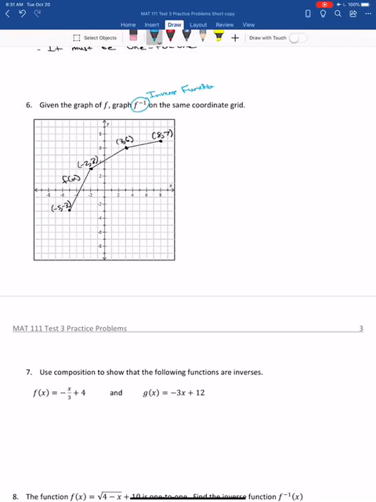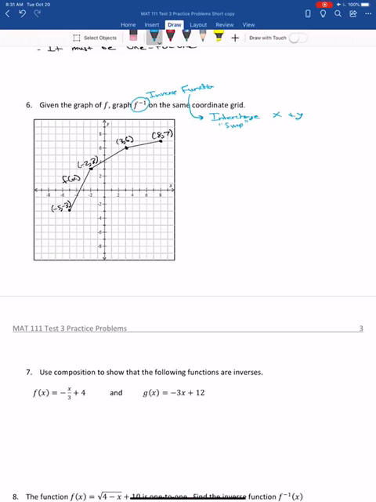So with (-5, -3), let's interchange those two values. So to find the inverse function, we need to interchange x and y. Swap them out. So (-5, -3). Well, as we look at the inverse relation, (-3, -5).